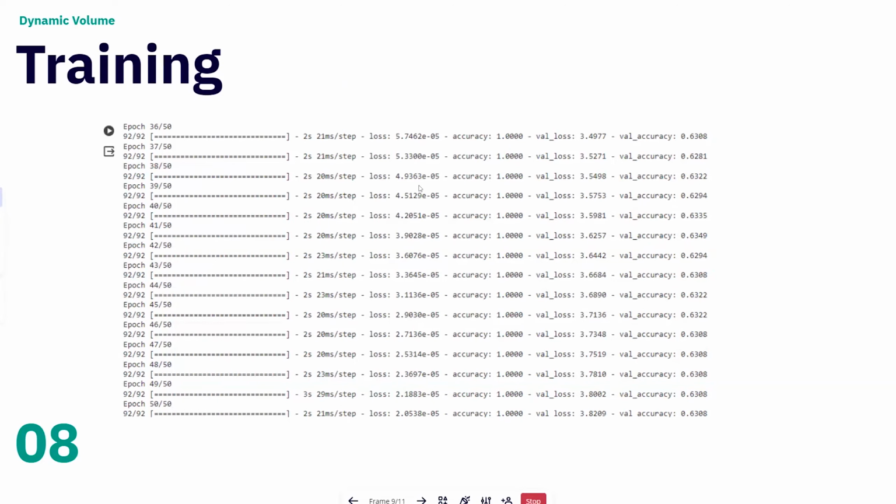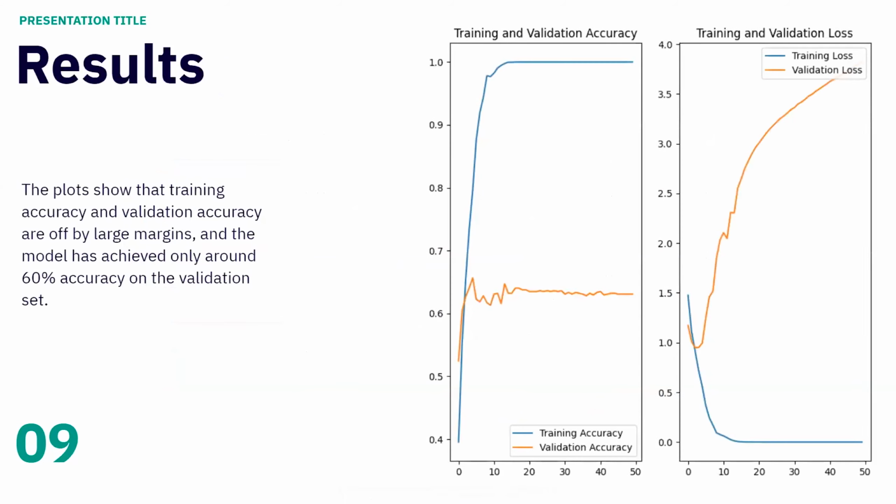So some of the results I got are a little skewed just because I used a smaller subset of the main data set. You can see in this next slide that it only achieved around 60% accuracy, which is probably a lot lower just due to the reduced size of the data set. And I used some TensorFlow functions just to graph what I was actually seeing in terms of the validation and training accuracy.